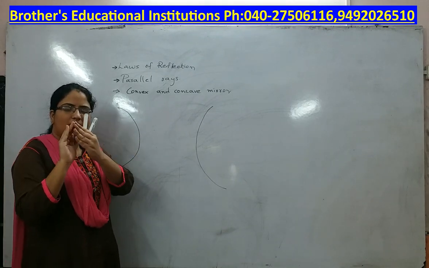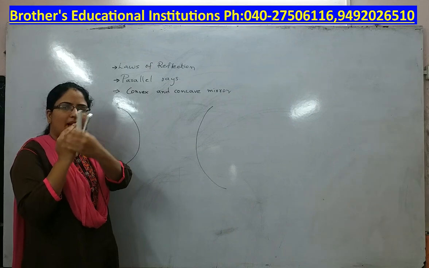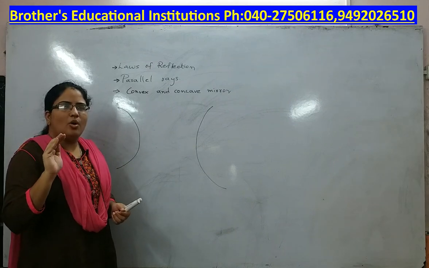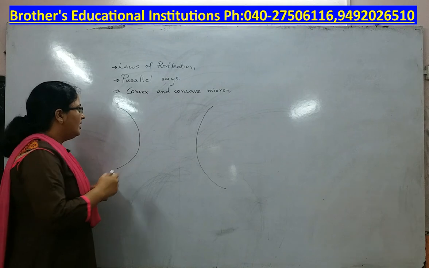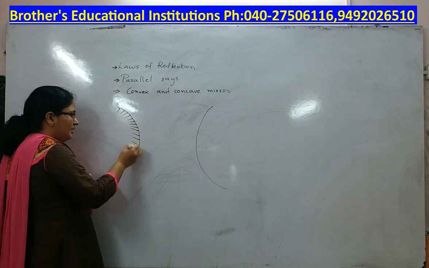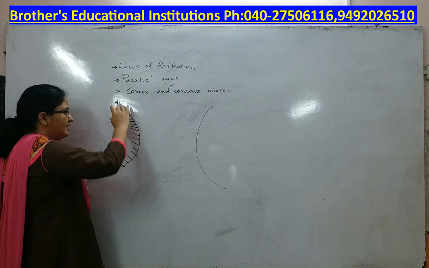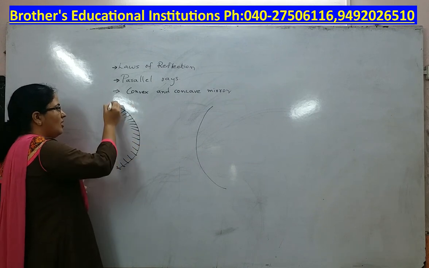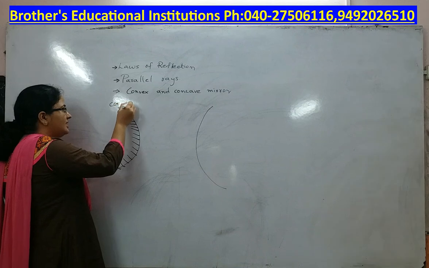If a mirror is here and it is coated behind, then it is called a concave mirror. Now, if the coating is over here and this is the reflecting surface, then this is called a convex mirror.